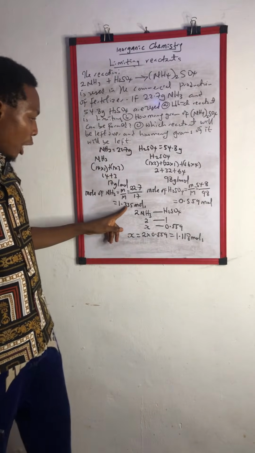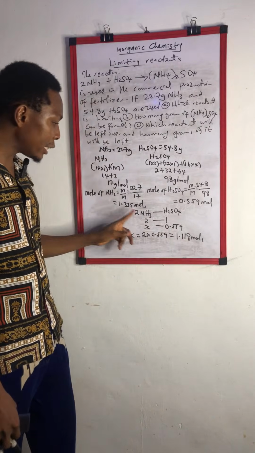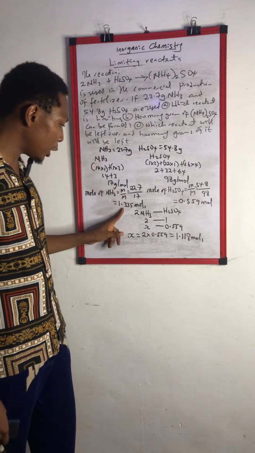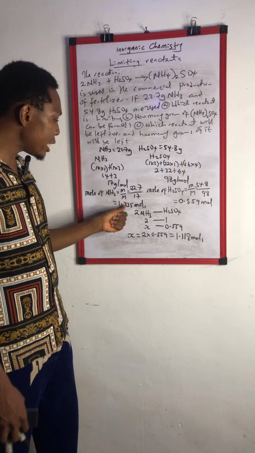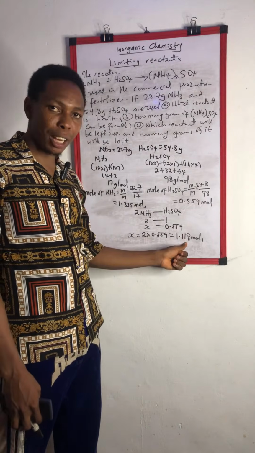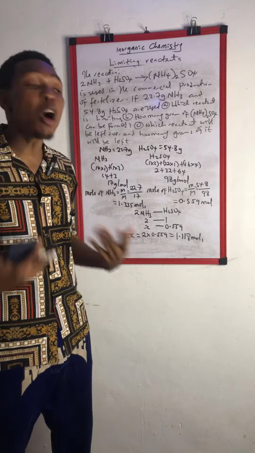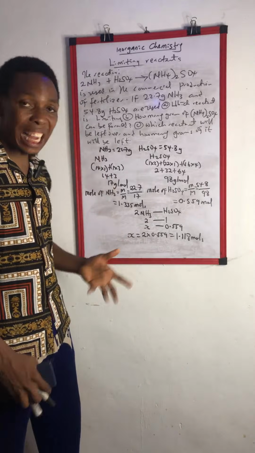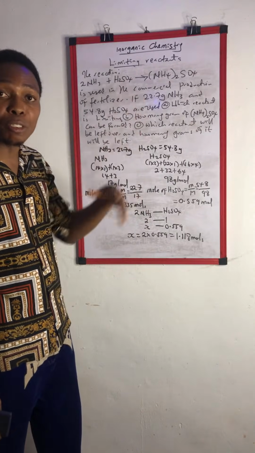Now if you observe, we now have 2 moles of ammonia. So this is the initial mole and this is the final mole. Now if you compare these 2, the initial and the final, which one is bigger? You see that the initial value is bigger than the final value. It simply means that initially there was enough ammonia that was needed to react with sulfuric acid.